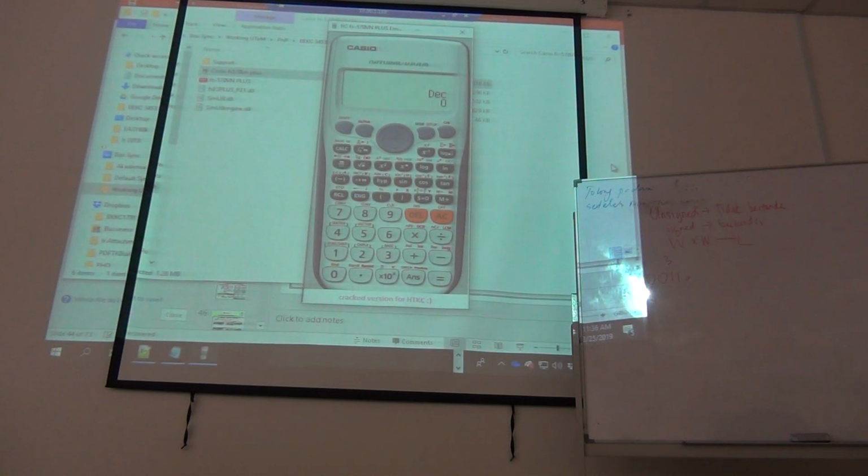Now, try to use FF00. Go for hex. If you convert FF00 to decimal, the number will be a positive number, no matter what.